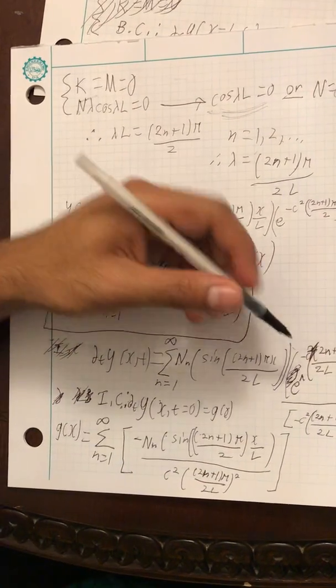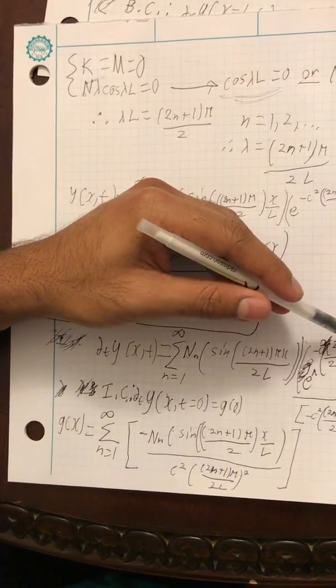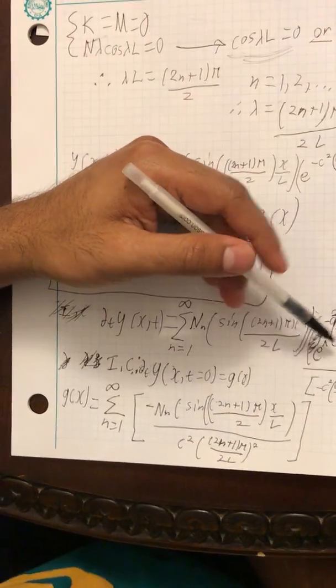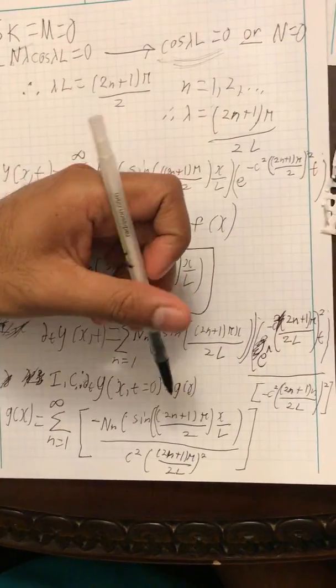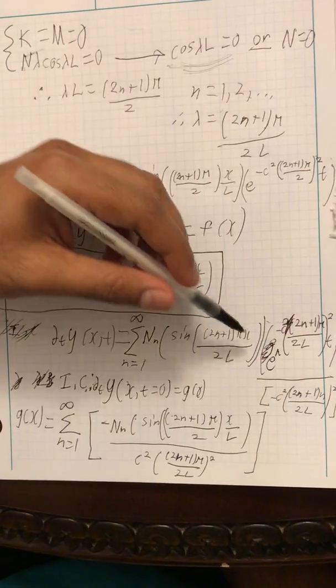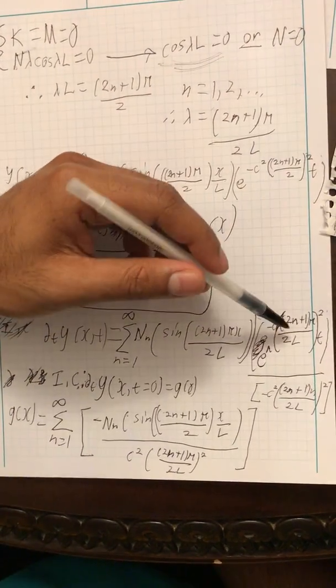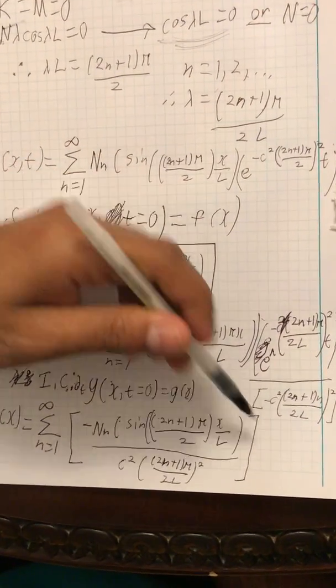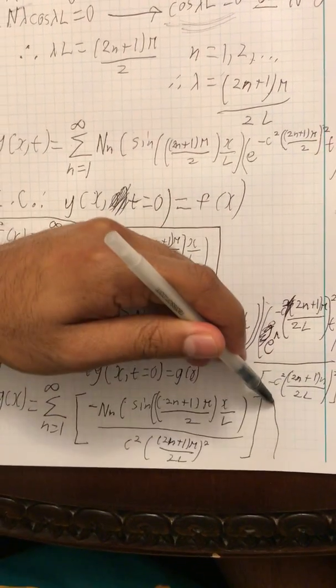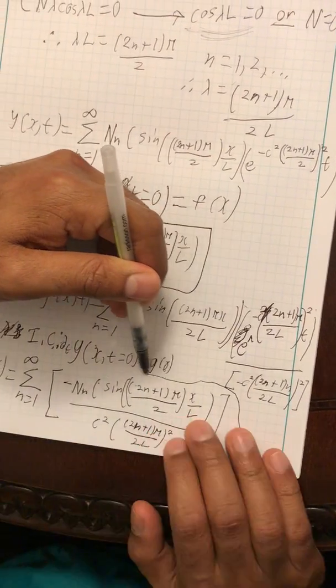And the reason why we get this is because if you put in 0 to this term, all the e gets canceled out, and so you're left with basically everything but the e.